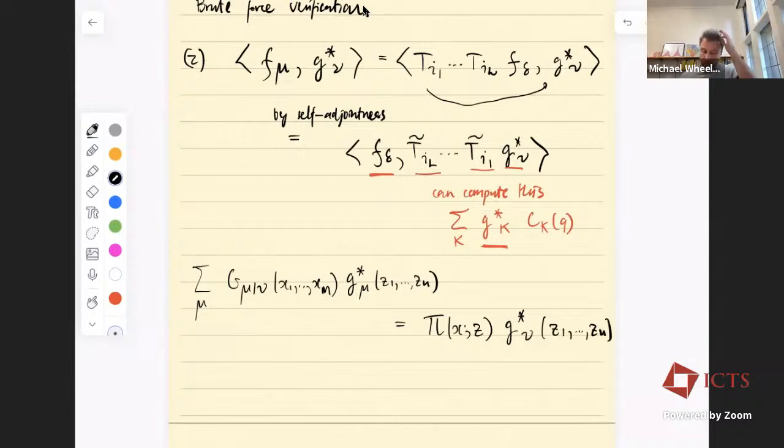So one thing you can do now is multiply both sides by F kappa in Z1 inverse up to Zn inverse, and likewise here.